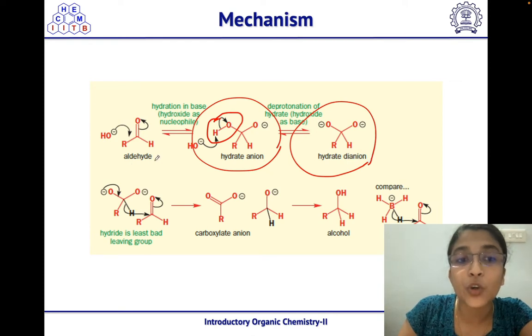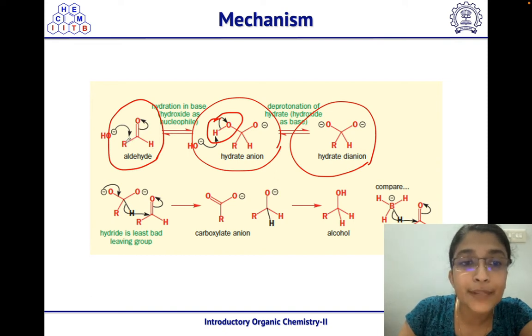First, we have a non-enolizable aldehyde. Non-enolizable aldehyde means that the aldehyde does not have any alpha hydrogen. Alpha hydrogen means the hydrogen that is present on the carbon adjacent to the carbonyl carbon. So in the Cannizzaro reaction the aldehyde does not have any alpha hydrogen, so the base cannot abstract any proton from the system.